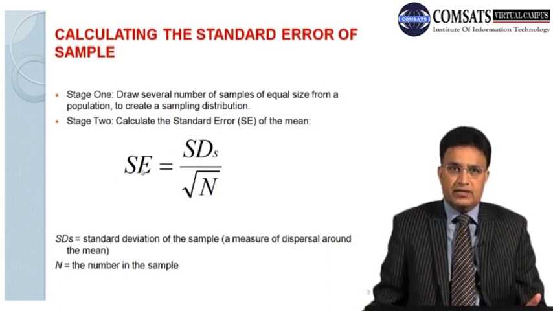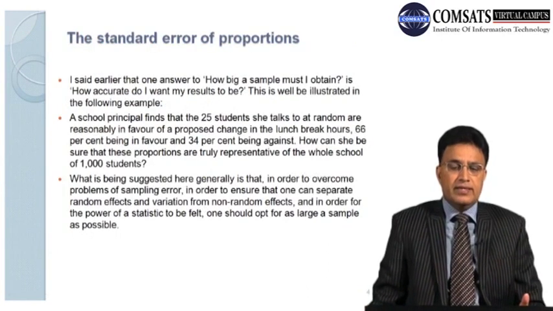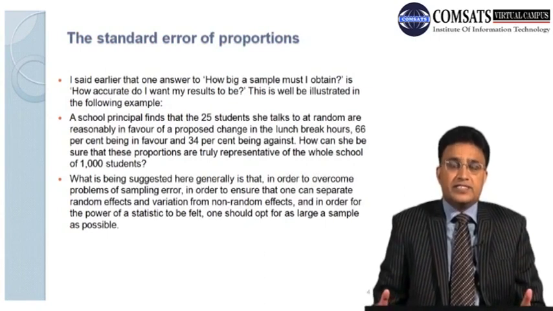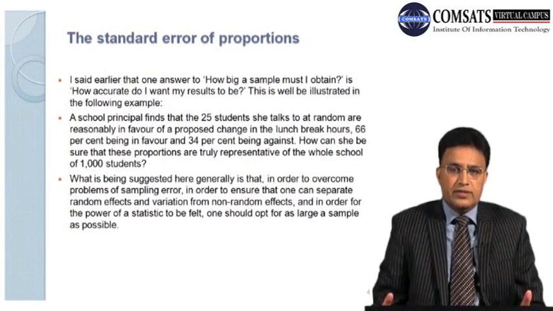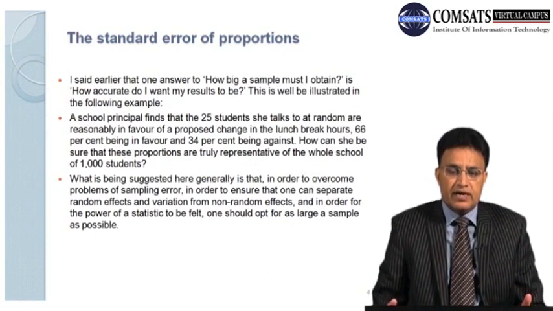The standard error is equivalent to the standard deviation of the samples divided by the square root of the number in the sample. With the standard error, we have the standard error of proportions as well.